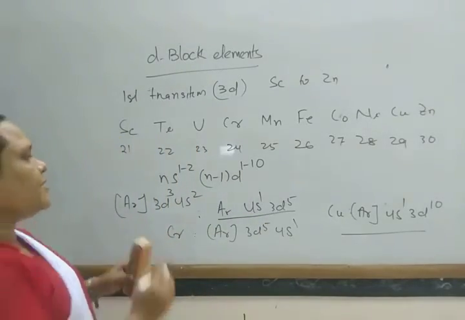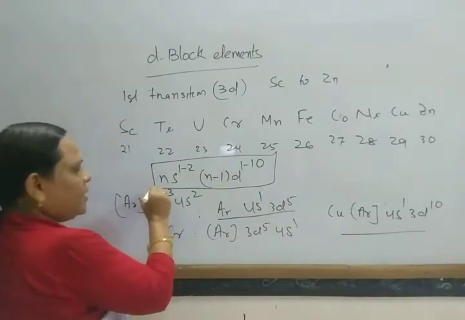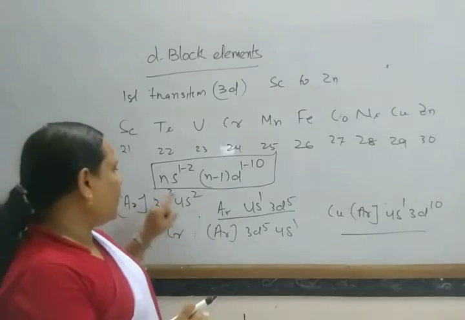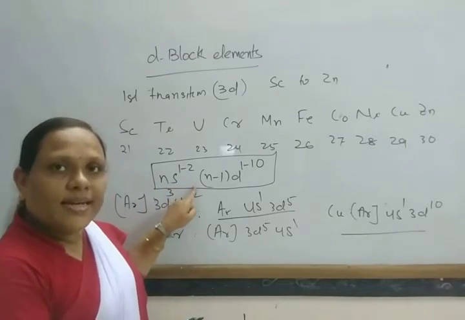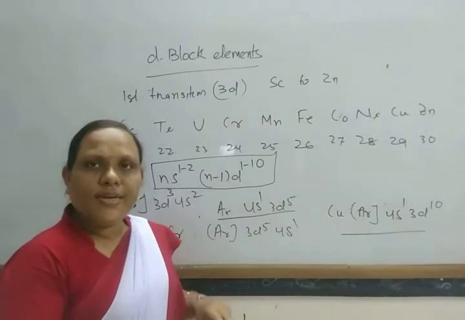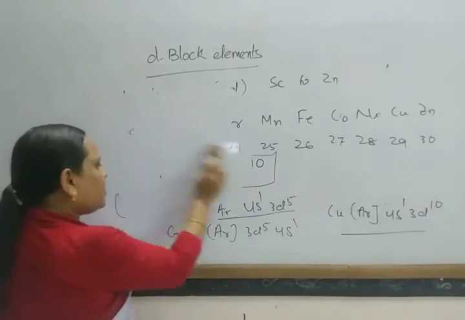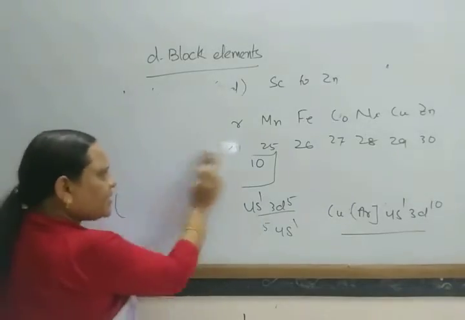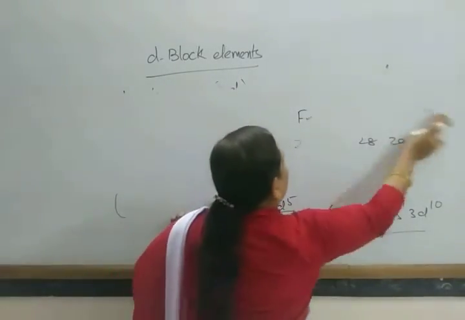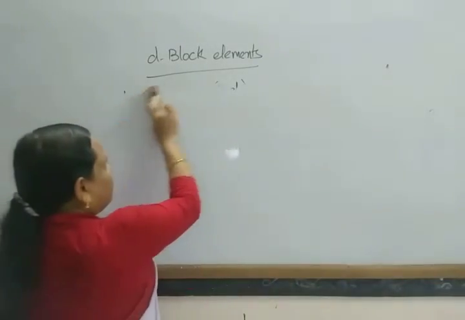In this way, the general electronic configuration of the first row transition elements is represented as ns 1 to 2, (n minus 1)d 1 to 10. Okay. Next, come to the characteristics of transition elements.